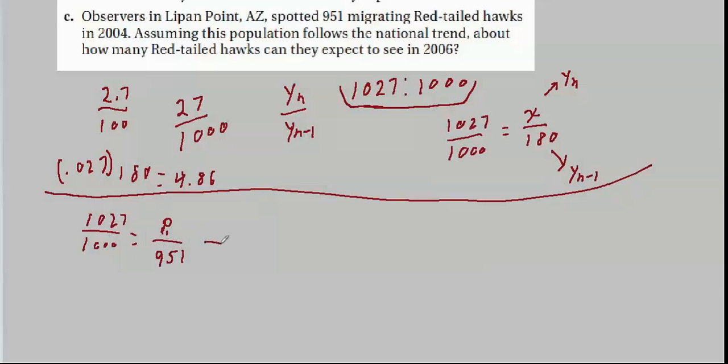So that gives us P1 times 1000. I'm not even going to write that part. I'm going to write this part first. And that's 1027 times 951 equals P1 times 1000. So let's just go ahead and divide by 1000.